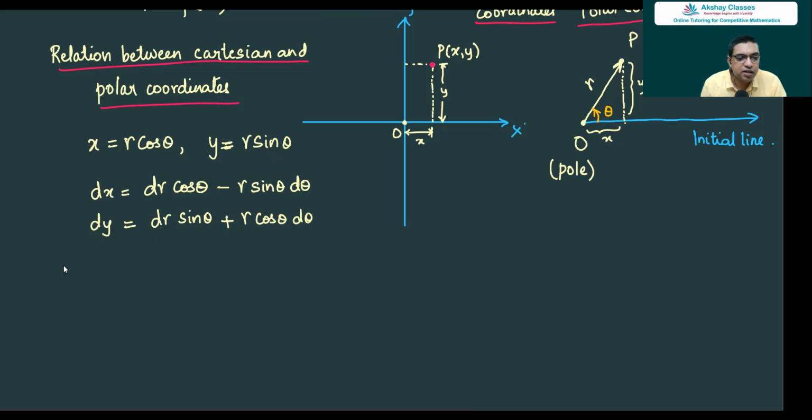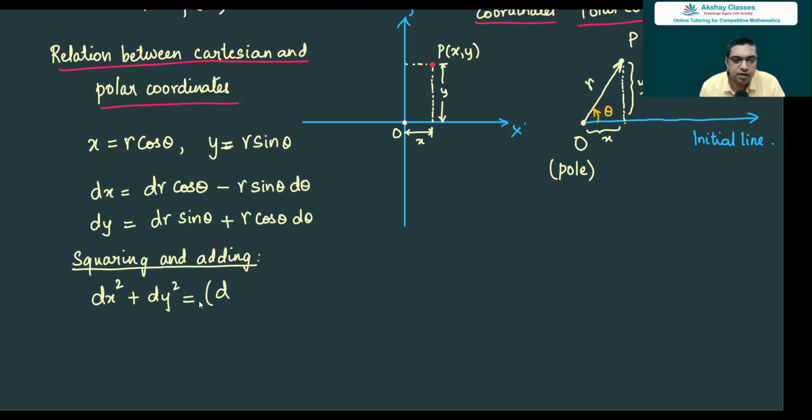Okay. Now, squaring and adding the above two, we'll get dx square plus dy square will be what? dr cos theta minus r sin theta d theta square plus dr sin theta plus r cos theta d theta square.